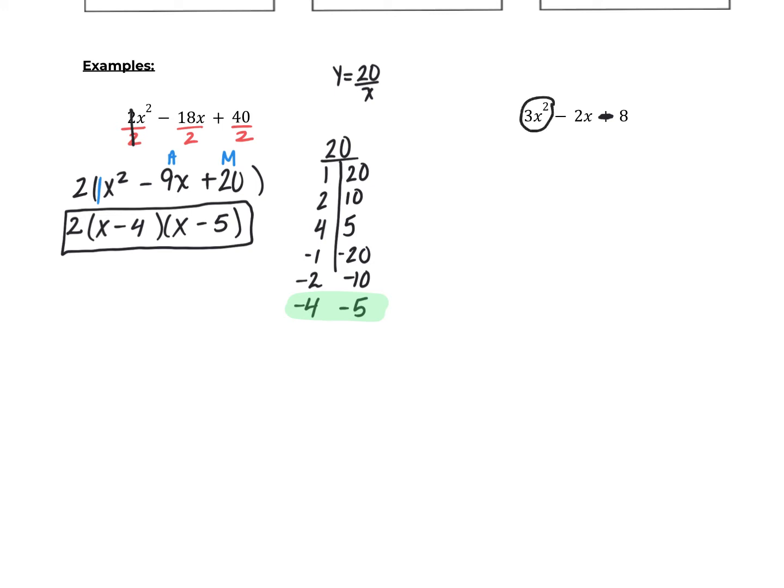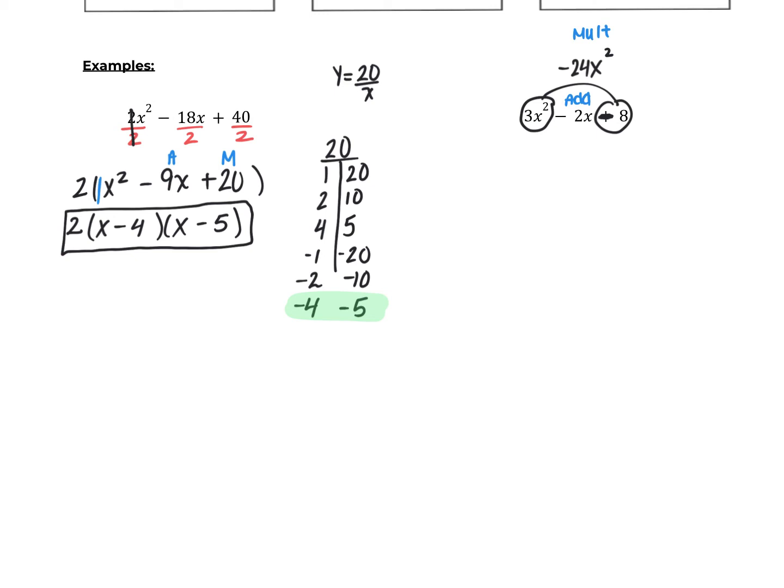So we're going to multiply the first and the last, and that will give us negative 24x squared. And now we want the factors of negative 24x squared that are going to add to this negative 2. So we're still doing the add multiply, except we're multiplying to the product and adding still to the middle number.